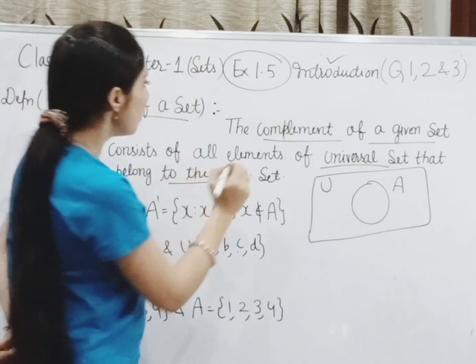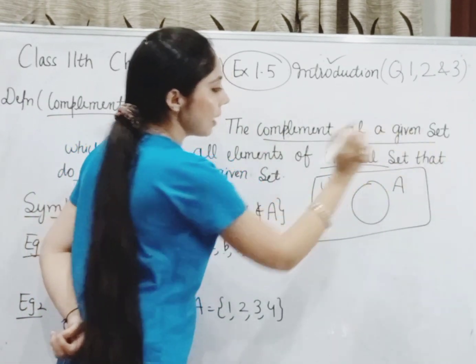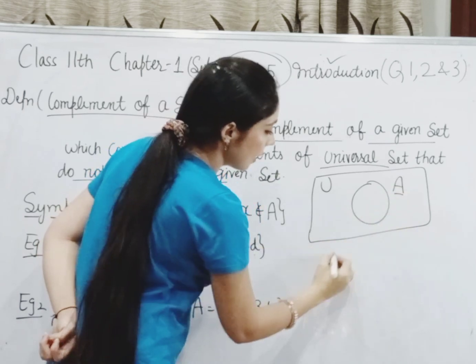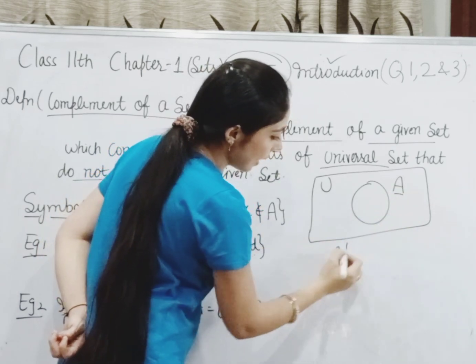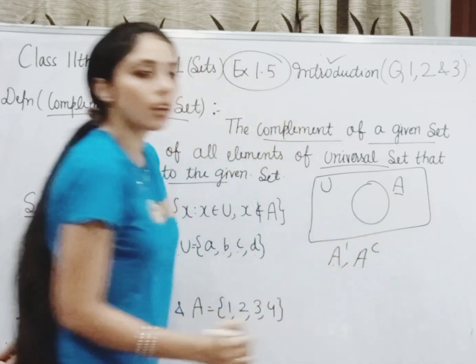So, what is the complement of a set? The complement of a set A is generally denoted as A dash or A complement.